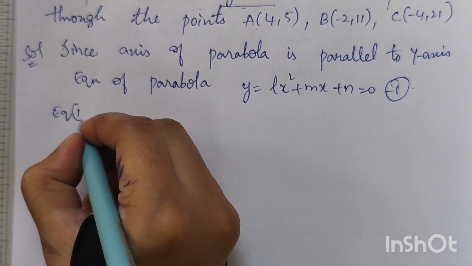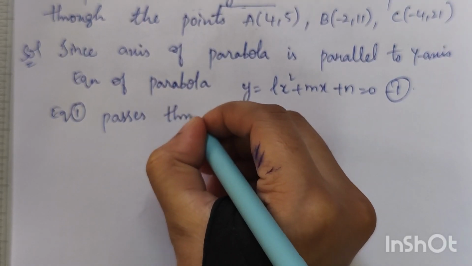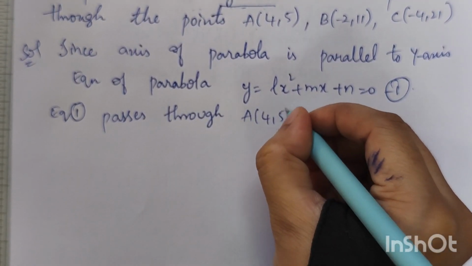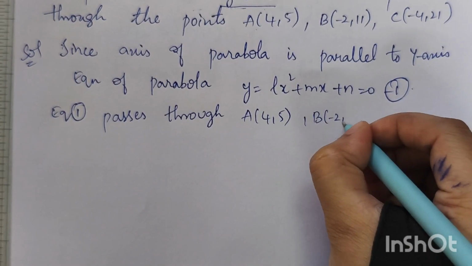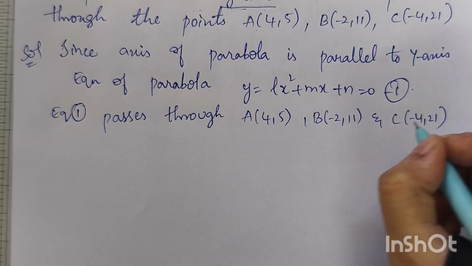This equation 1 passes through the points A(4, 5), B(-2, 11) and C(-4, 21).